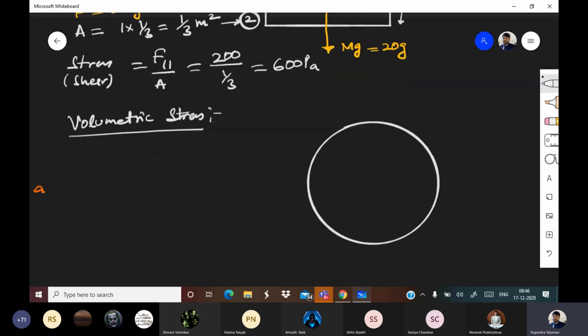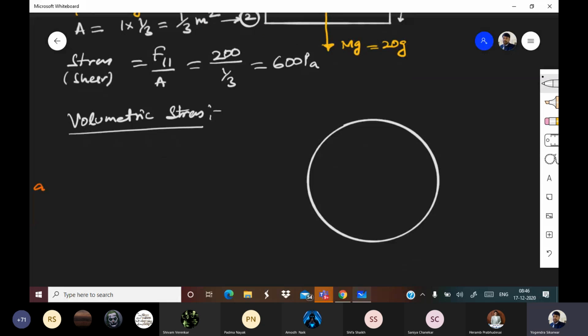Suppose this is an object and you want to exert volumetric stress on it. So what do you need to do? And what is volumetric stress? Let us understand that also.